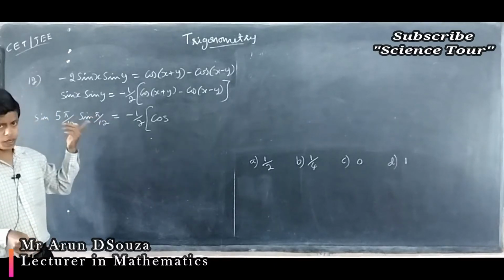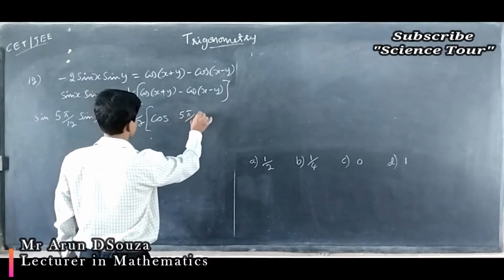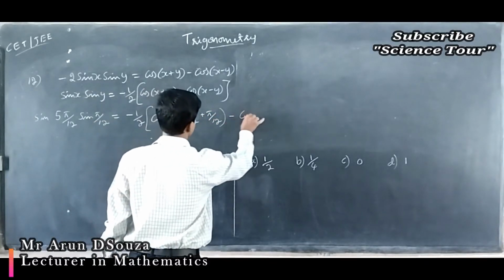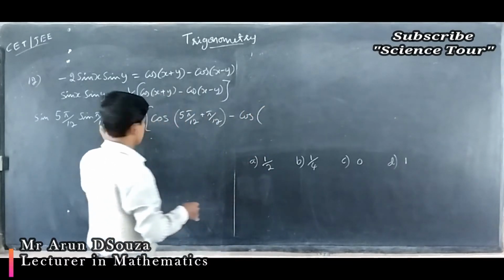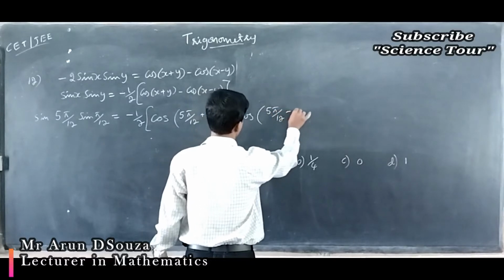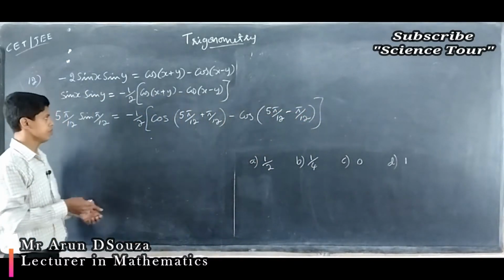X and y, correct? So that is 5 pi by 12 plus pi by 12, minus cos of subtract those two angles, so 5 pi by 12 minus pi by 12. All right, so that is the substitution in the formula.